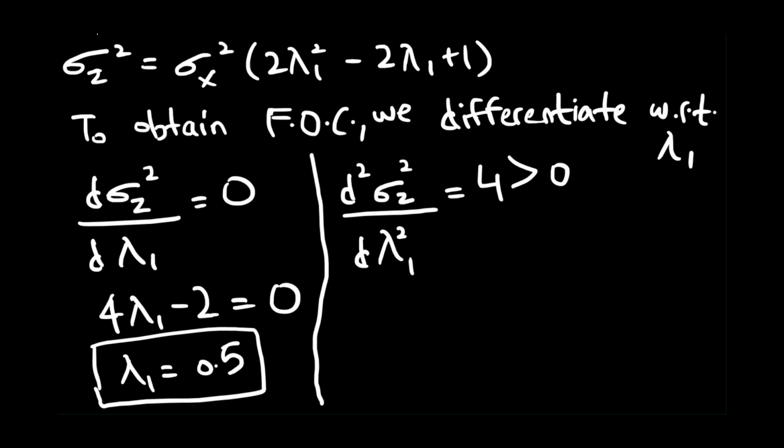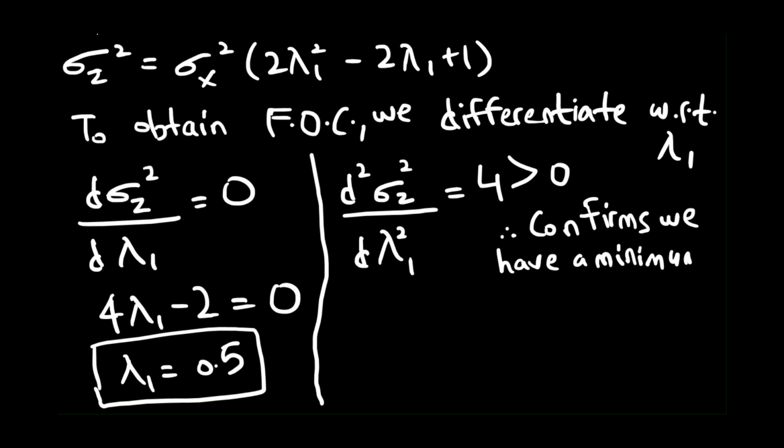So that confirms that we have a minimum. Right. And this is just an extra step. You may not have to do this in your exam, but it's a good idea to always check that you have a minimum. So next, we can conclude that the expression is minimized for lambda 1 equal to 0.5.